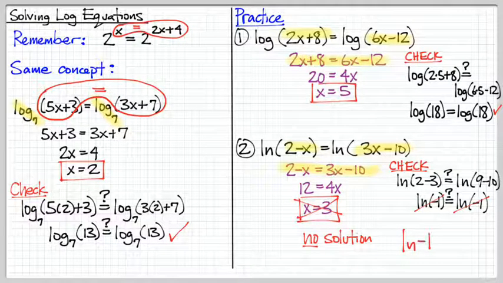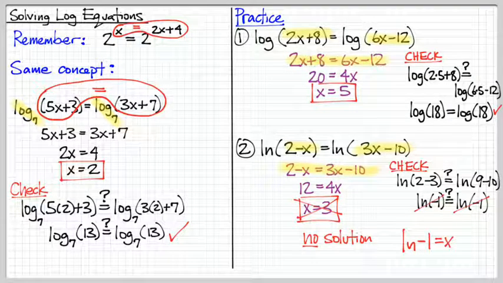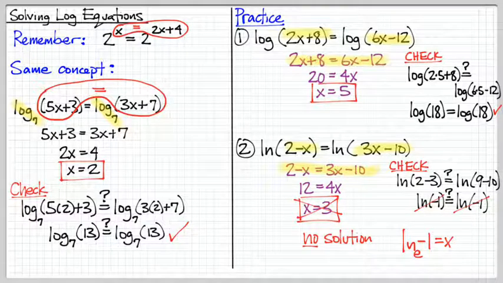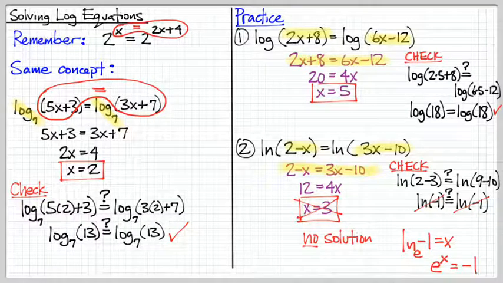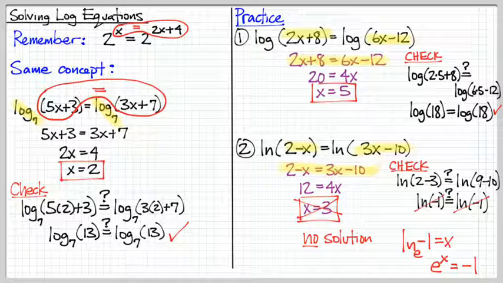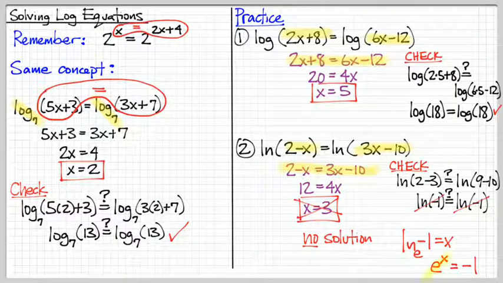If we had natural log of -1, and let's say it's equal to x, and remember, natural log is base e, the equivalent in exponential form is saying e to what power is equal to -1. There's no answer to this. E to the x power is always greater than 0, and so there is no solution to this.